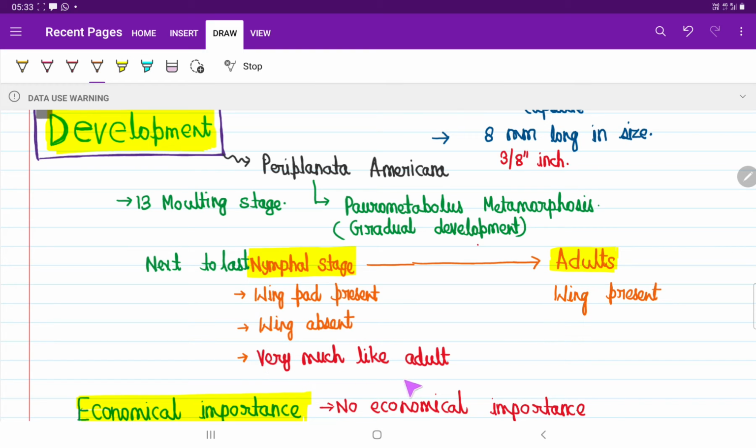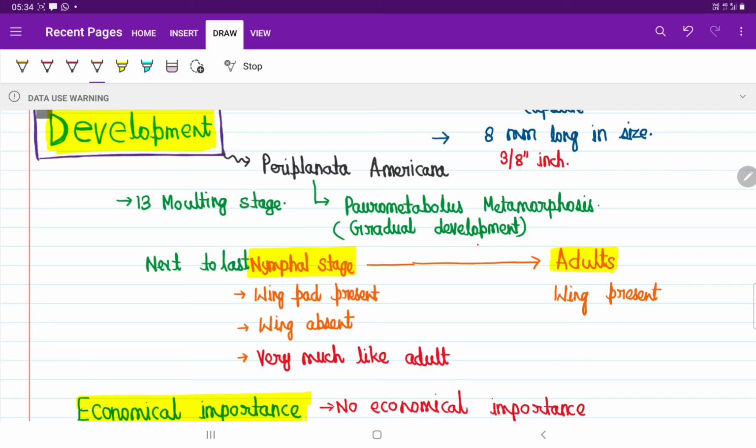They look very much like the adult. They are soft, delicate, transparent, but when they develop into the adult, the adult will develop wings, right? And from small and delicate, they will become larger and dark. So how many molting stages are present here, student? 13 molting stages are present, right?